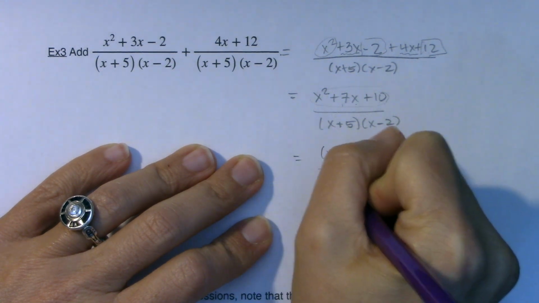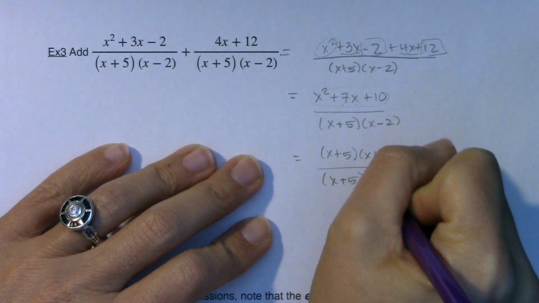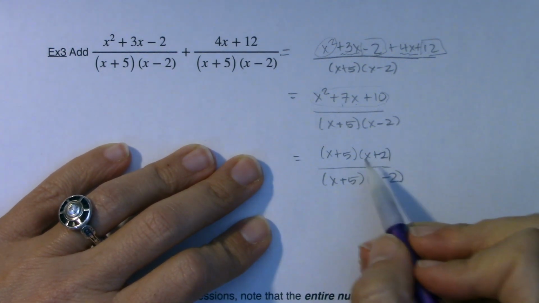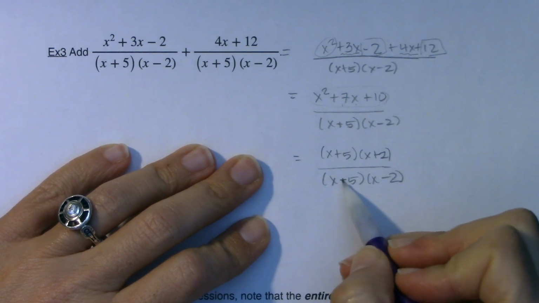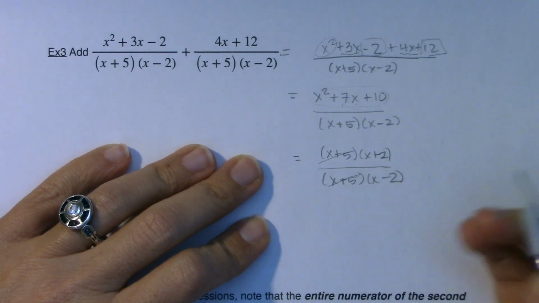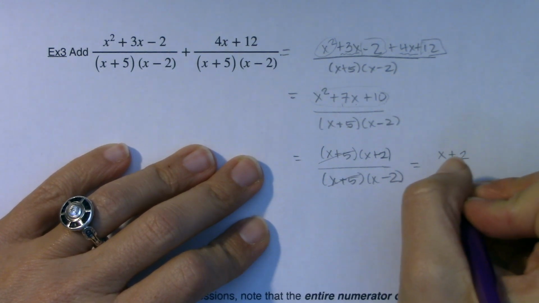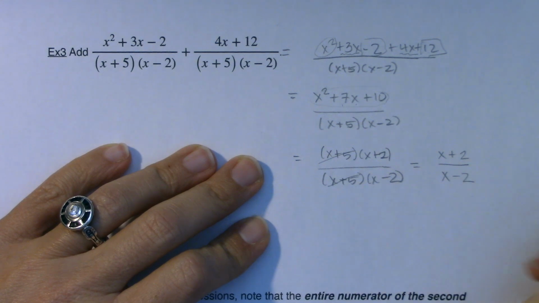And then I have this over x plus 5 and x minus 2. All right, and so then you can start to see that there's a factor common to the numerator and denominator, so those are going to divide out or cancel out, and that ultimately leaves me with x plus 2 over x minus 2.